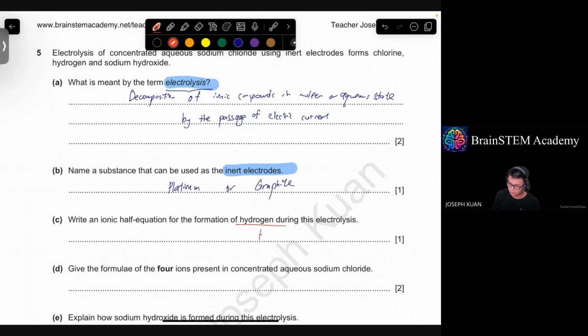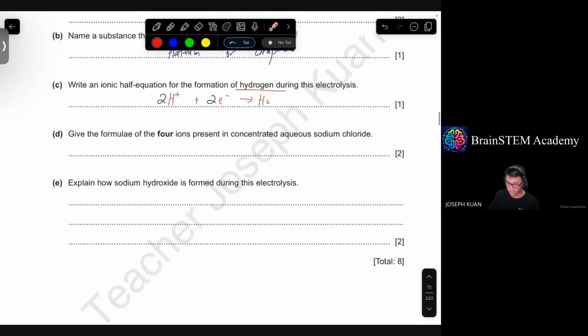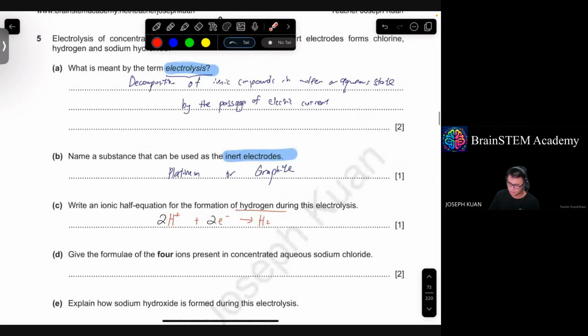So hydrogen came from the hydrogen ions in the aqueous solution, and hydrogen ions receive electrons to form hydrogen gas. You just need to balance it by putting 2 and 2, as 2 hydrogen ions receive an electron each, making a hydrogen molecule. Next question, give the formulae of the 4 ions present in concentrated aqueous sodium chloride.